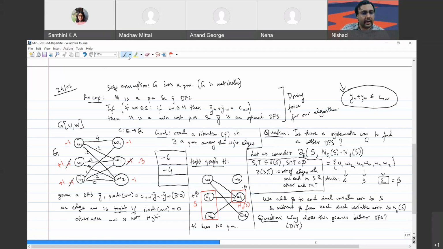Maybe I'll want to copy this drawing and go to another page. Okay, I don't know what's going on.